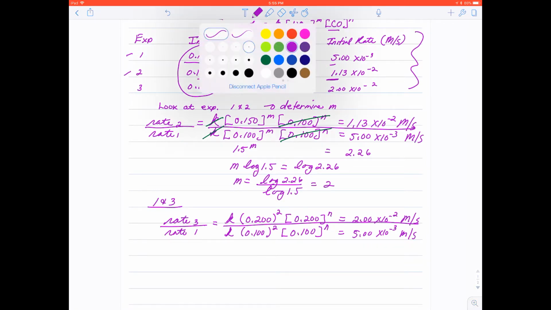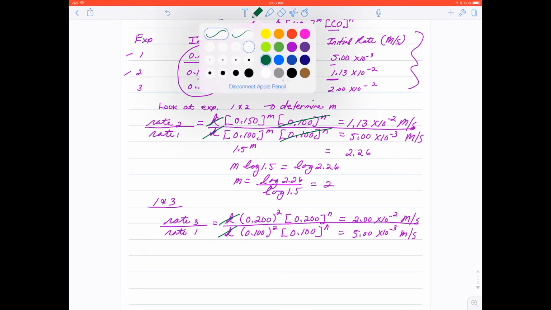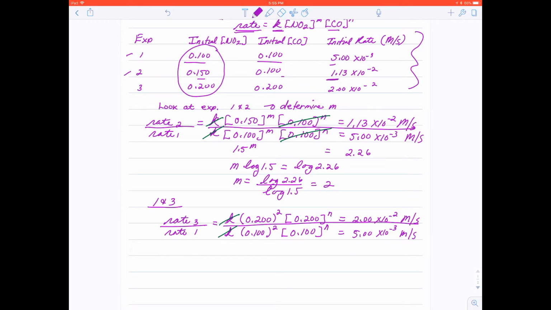So again, as before, we see that our k's cancel out, and nothing else cancels here, but that's okay, because I know that 0.2 divided by 0.1 is going to be 2, so that's going to be 2 to the second power for this part, and then here 0.2 divided by 0.1 again is 2, so that's going to be 2 squared times 2 to the n power.